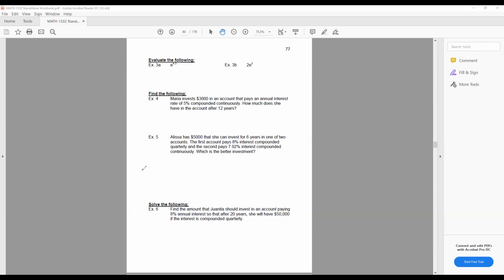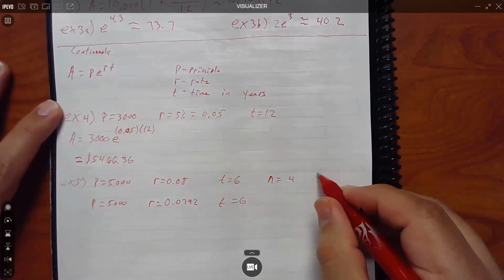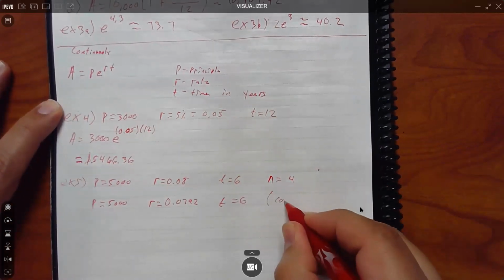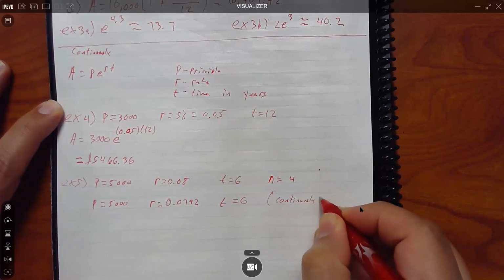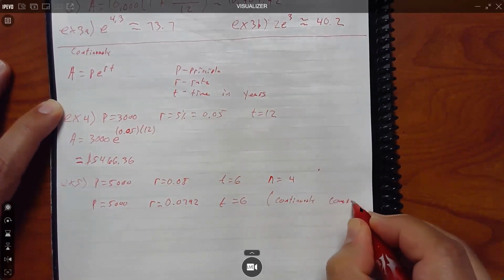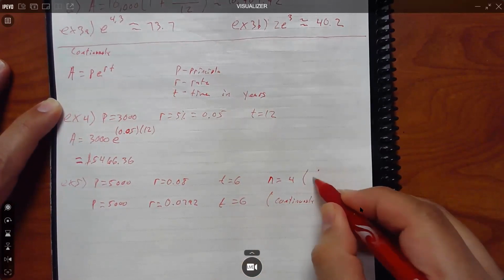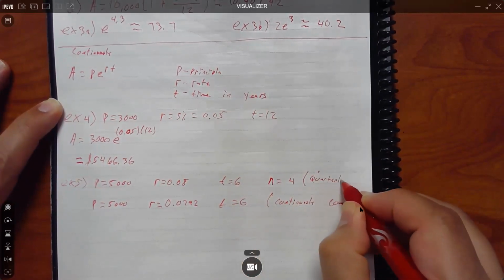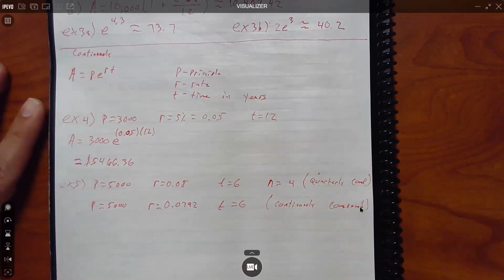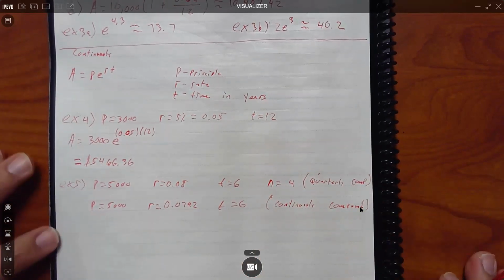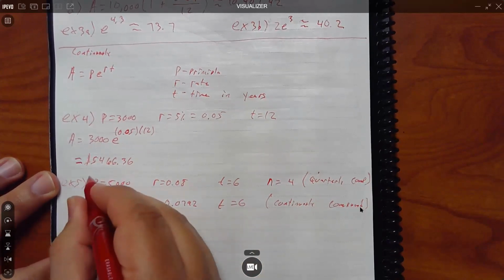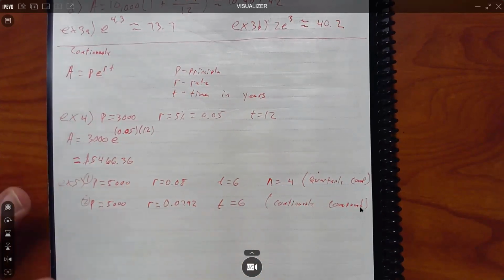Let me write down everything. Okay. So let's go ahead and do that one. So we have one account that is not continuous. So this is a continuous one. And this is the quarterly compound. So let's call this account one and account two, so we don't get all mixed up here.